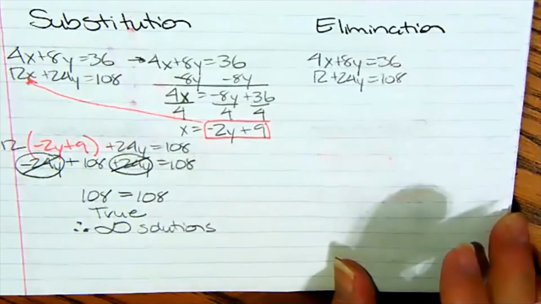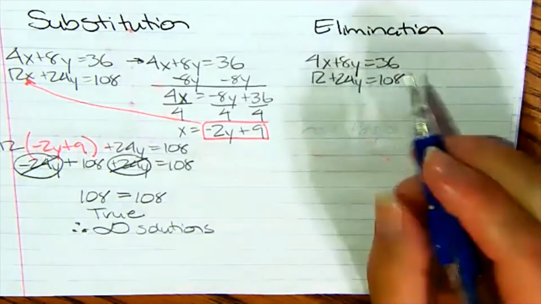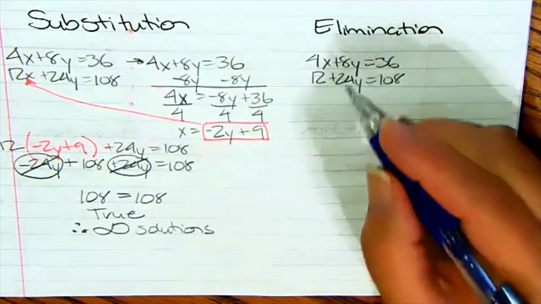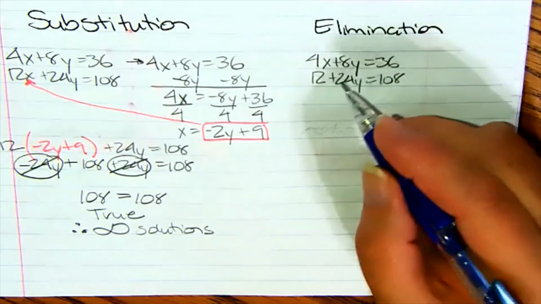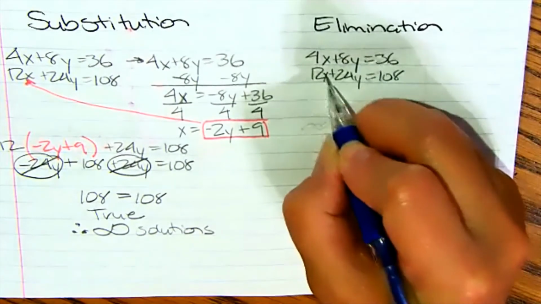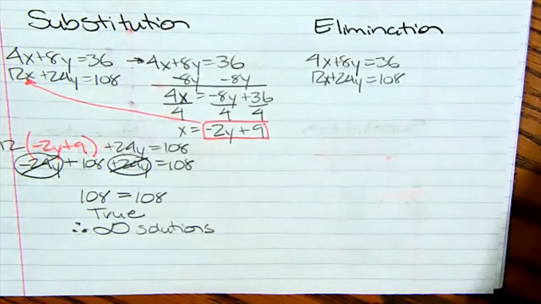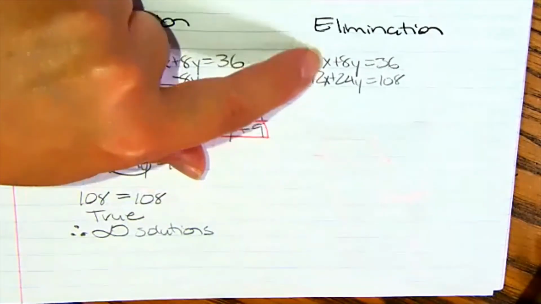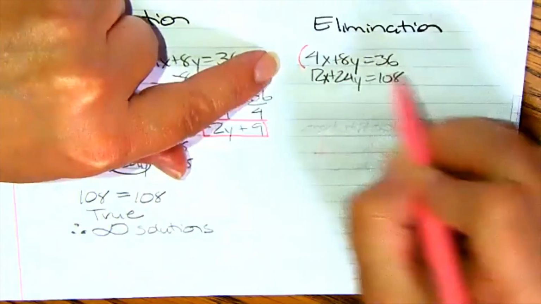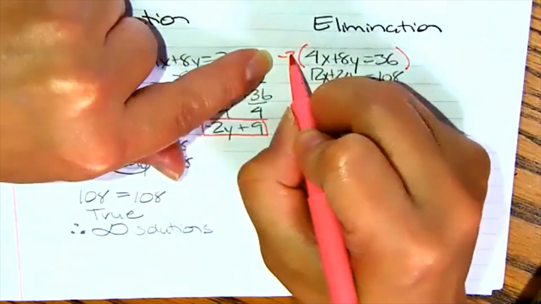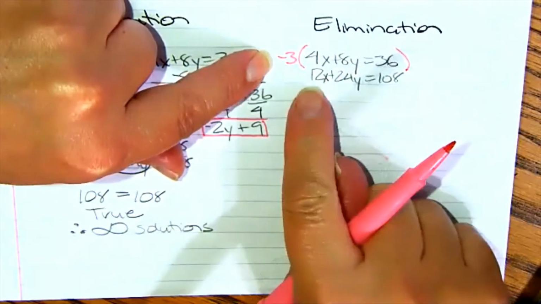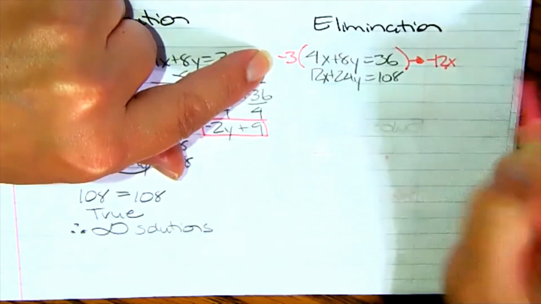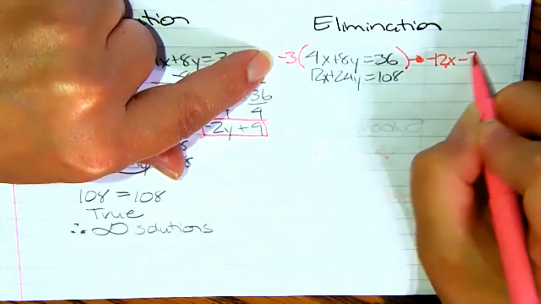So I want to change or alter one of these equations so that I can cancel or eliminate a variable. How about if we look at eliminating my x's? I can multiply 4 by negative 3 and it will give me negative 12x. So I should be able to eliminate those.